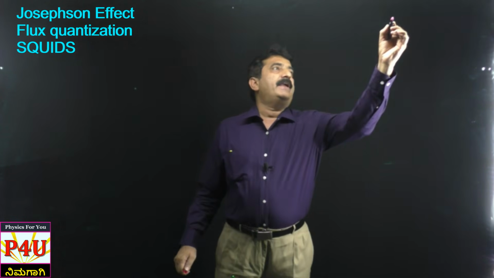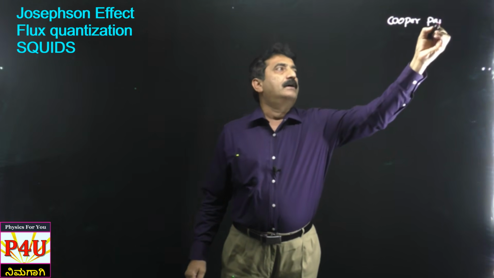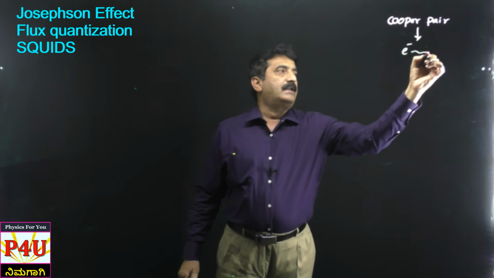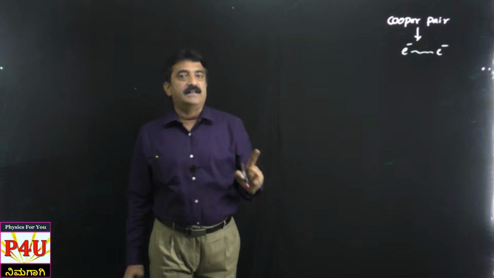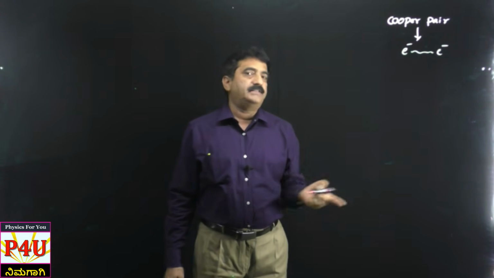BCS theory mainly depends upon what is known as the Cooper pair. A Cooper pair is nothing but a pair of two electrons. I already told you how electrons can attract. They never attract directly, they attract via lattice interaction.